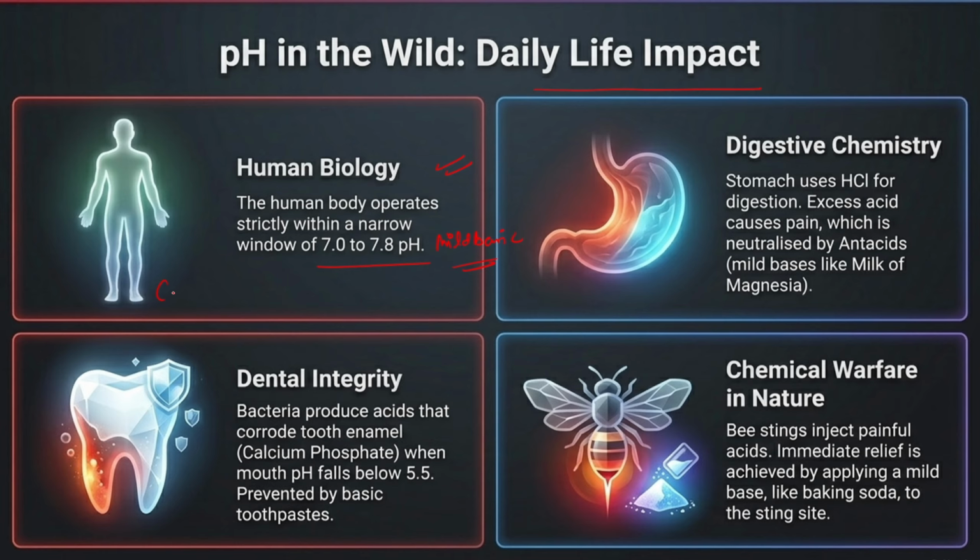But cancer cells, they have acidic pH. And based on this acidic pH theory, a lot of research is going on, that is called targeted drug delivery.